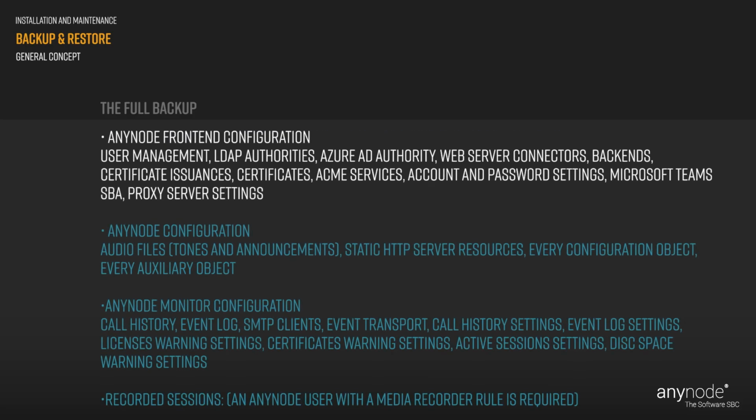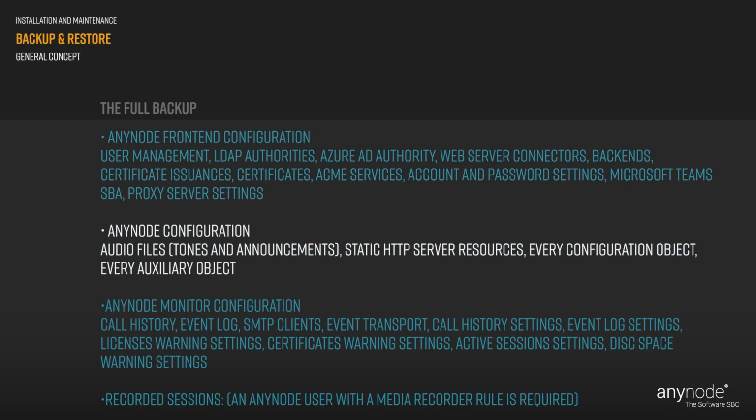Anynode frontend configuration: user management, LDAP authorities, Azure AD authority, web server connectors, backends, certificate issuances, certificates, Acme services, account and password settings, Microsoft Teams SBA, proxy server settings. Anynode configuration: audio files, tones and announcements, static HTTP server resources, every configuration object, every auxiliary object.